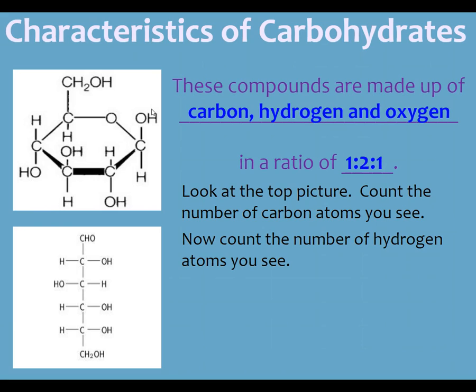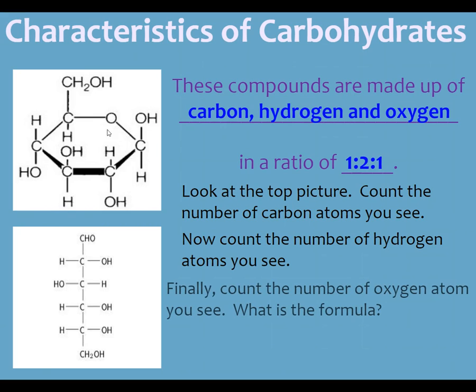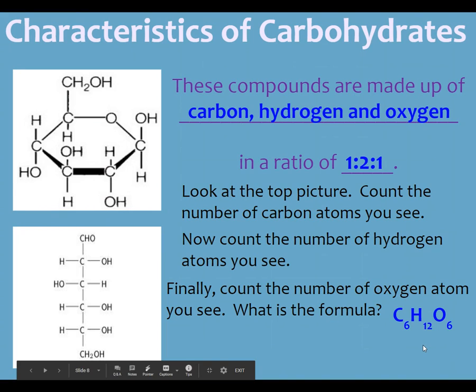So far we have C6, H12, and oxygen. If it's a ratio of 1 to 2 to 1, there should be the same number of oxygen as there are carbon. So oxygen, we have 1, 2, 3, 4, 5, 6. Therefore, we have C6H12O6. And that would be the simple sugar glucose.